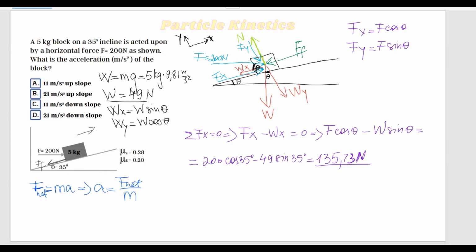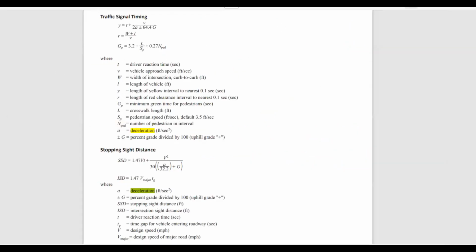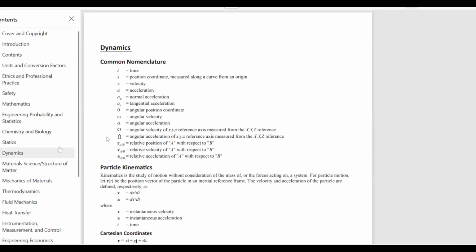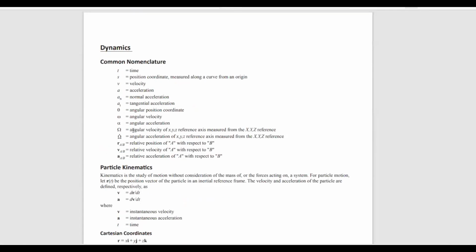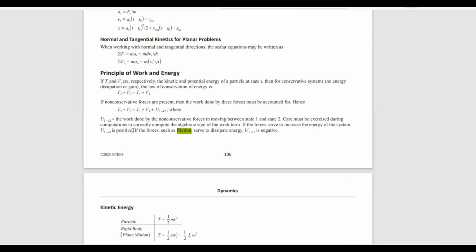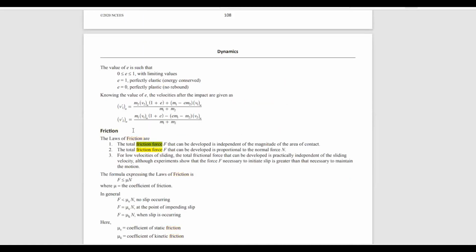There is a relation in the FE handbook in order to find out the friction force. I'm going to go to dynamics, or I can just say, friction force. Let's see, it's over here. So friction force equals mu multiplied by the normal force.